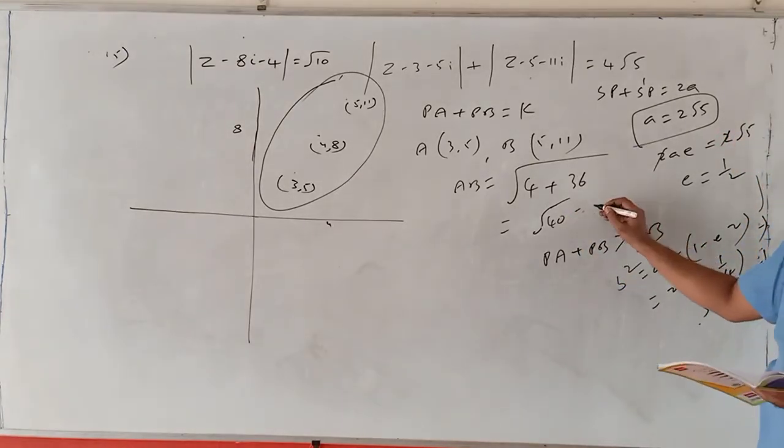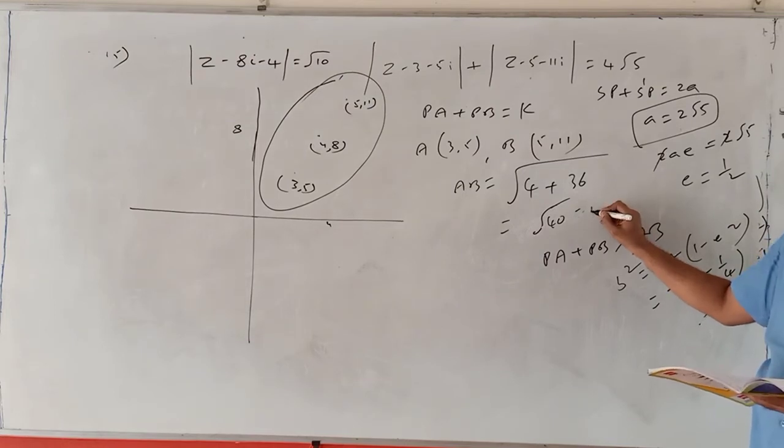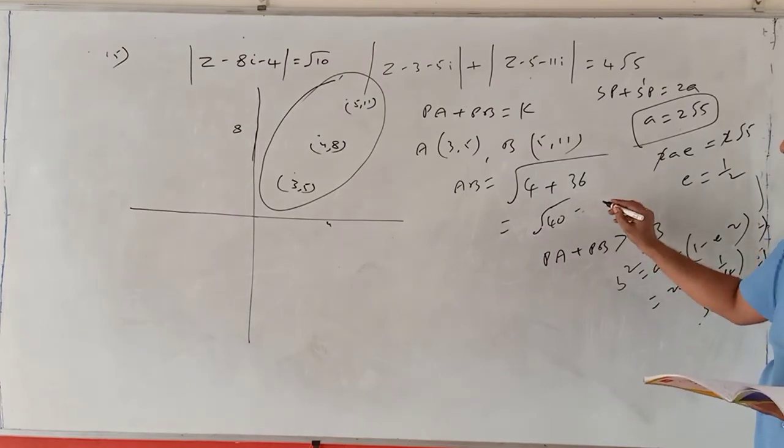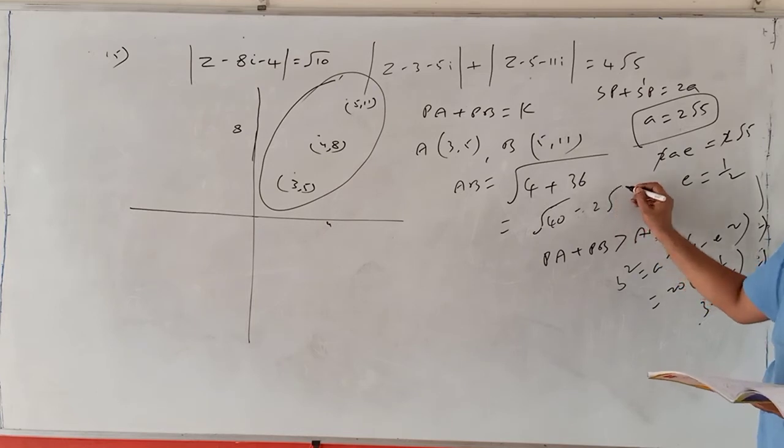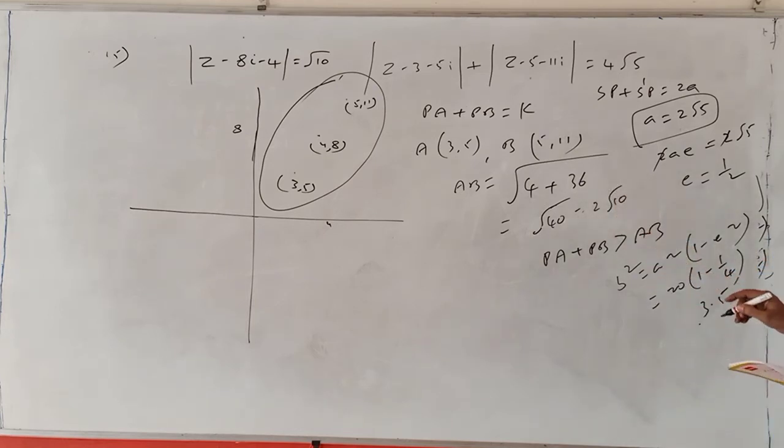Root 40 means 2 root 10. Therefore, this is 2 root 10. Therefore, root 10 by 2 root 5.